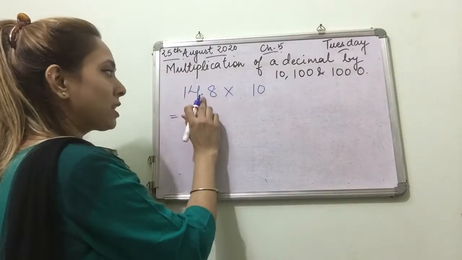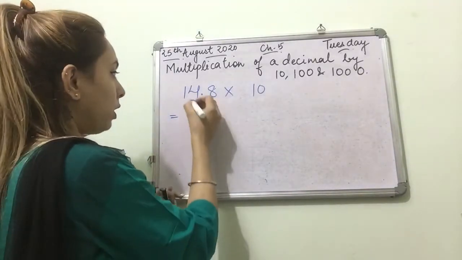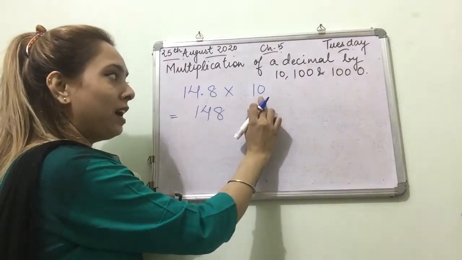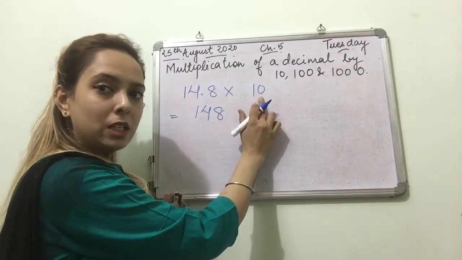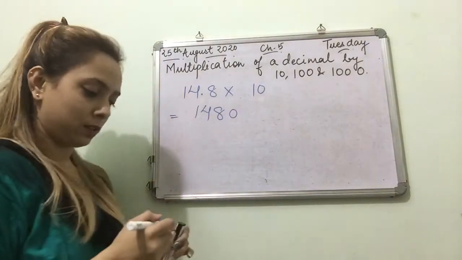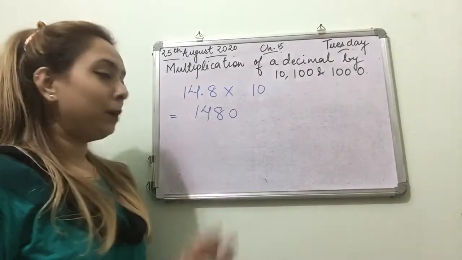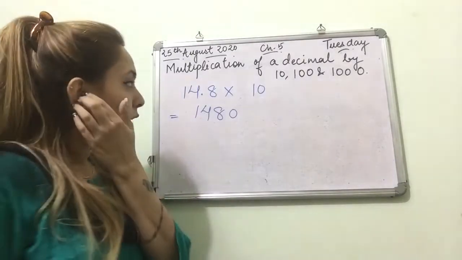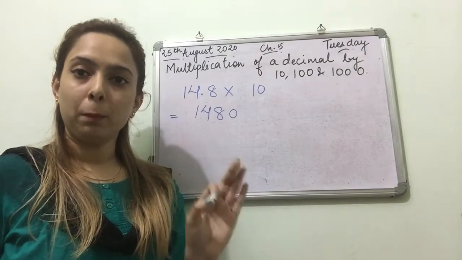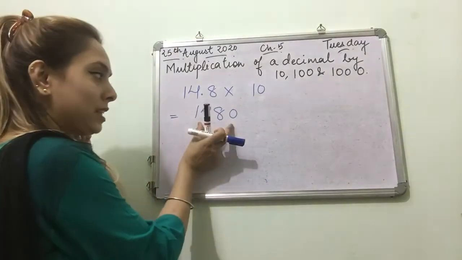Forget the decimal, write down the number again, and since we have only one zero in 10, just put one zero in the answer. This is the complete answer of 148 multiplied by 10.